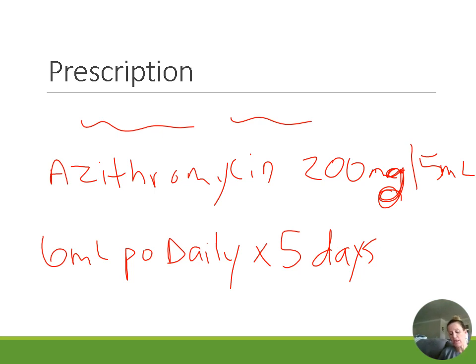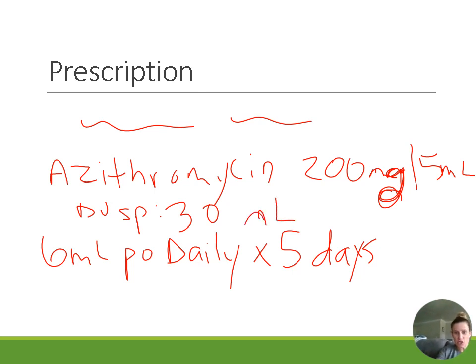So the patient needs a total of 30 mLs. 6 times 5 is 30. So dispense 30 milliliters.